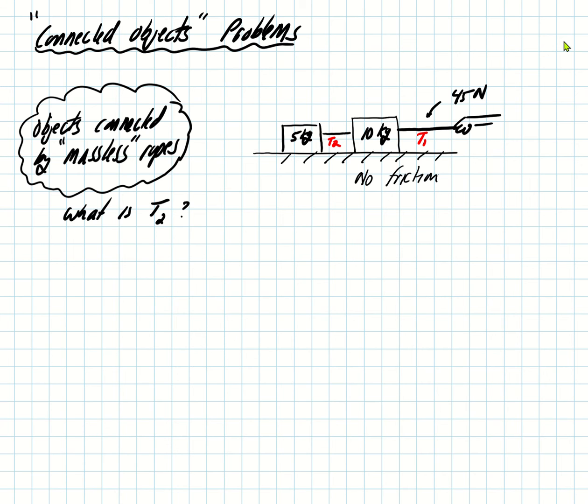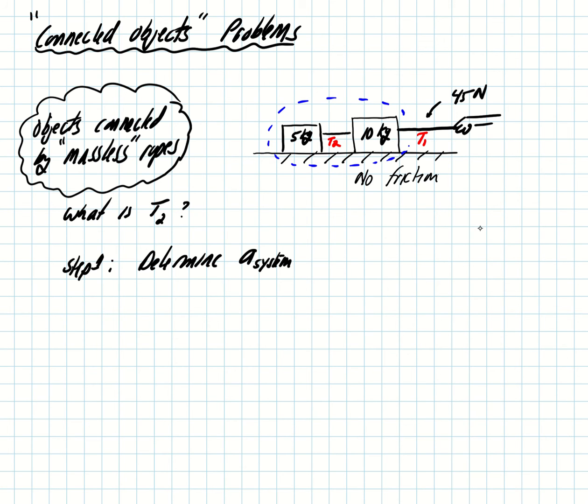Step number 1 in this two-step process is determine the acceleration of the system of objects. You say, what the heck is a system of objects? Basically, we want to think of these two boxes not as two individual boxes, but as a collection of boxes, or really just one thing.